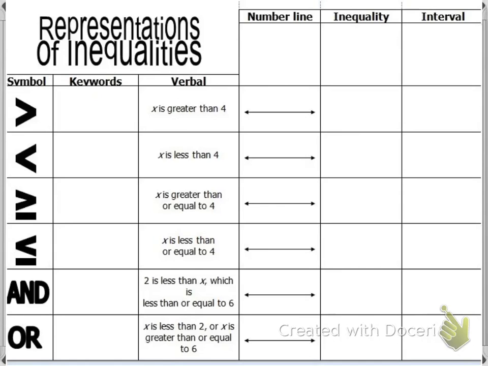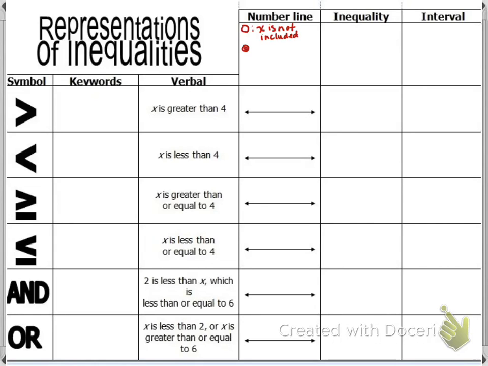So first, let's look at the number line box. There's only three things that we need to pay attention to when we put things on the number line. First, we need to know that we have open circles or dots, and open circles are used when x is not included in the solution.